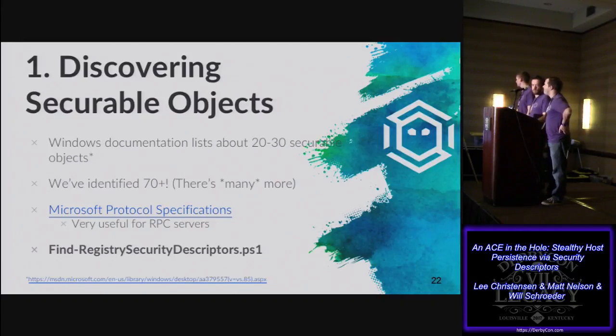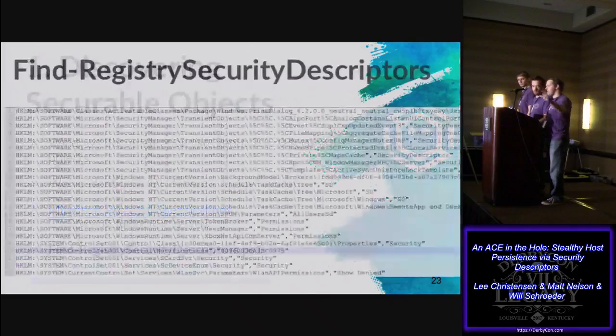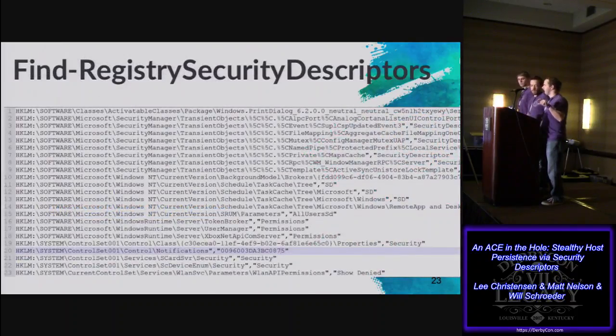Another thing that we did was I wrote a little script called Find Registry Security Descriptors, and all that did was enumerate every single value in the registry and try to convert it to a security descriptor. Usually in the registry, those are stored as either a byte array or an SDDL, which is a string version of a security descriptor.